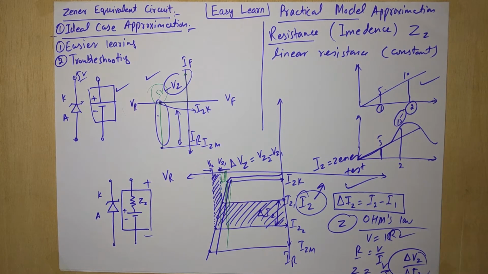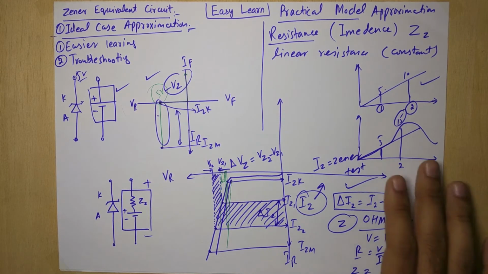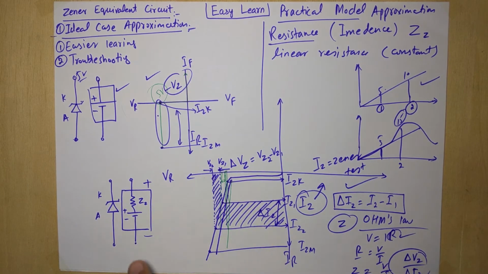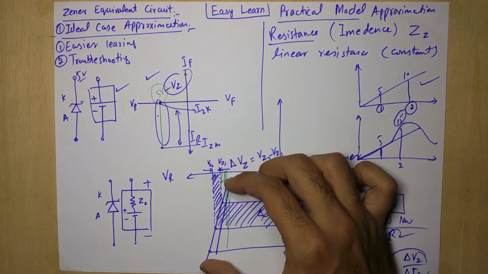One more important point I want to tell you: in most cases you can assume the Zener resistance is a small constant over the entire range.